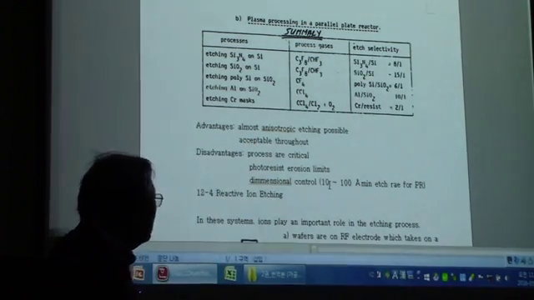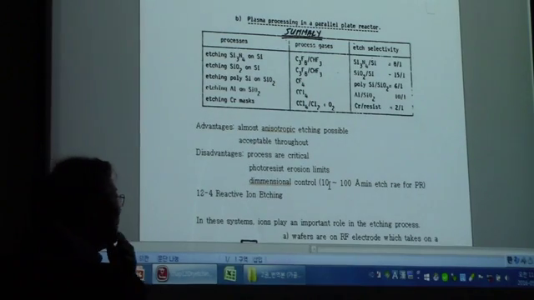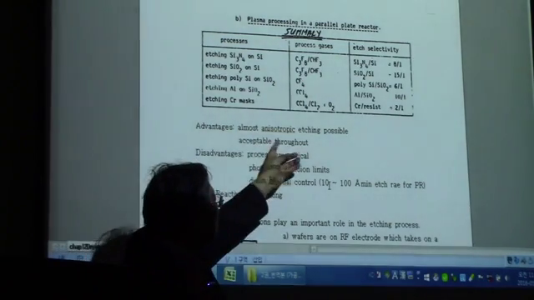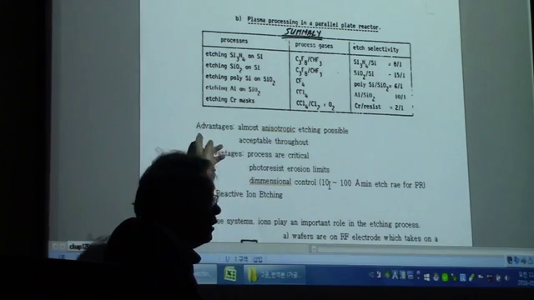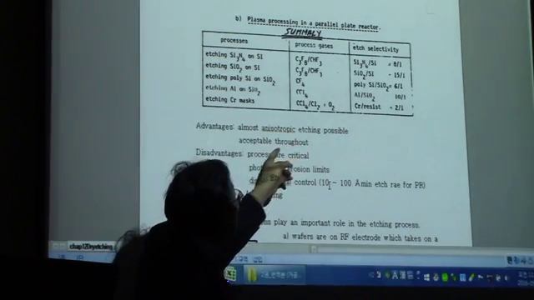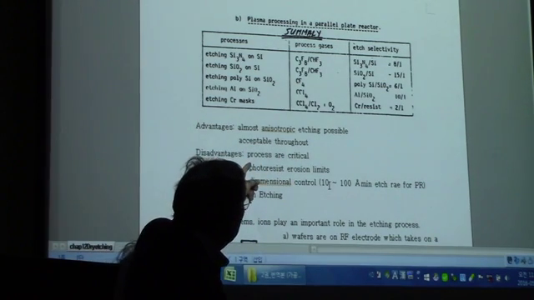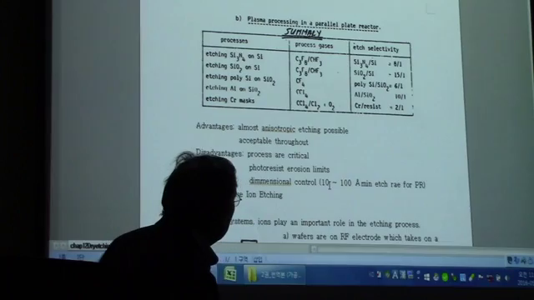The next topic that we are going to discuss is RIE, reactive ion etching. In reactive ion etching, you're going to have more anisotropic etching than the planar type. So it says just almost anisotropic, except for throughput. Disadvantages: processes are critical.